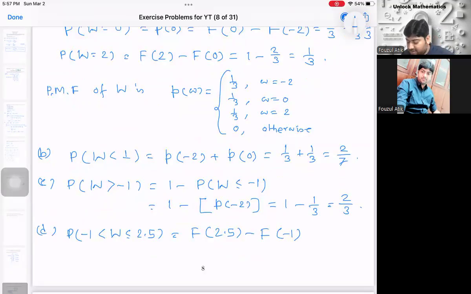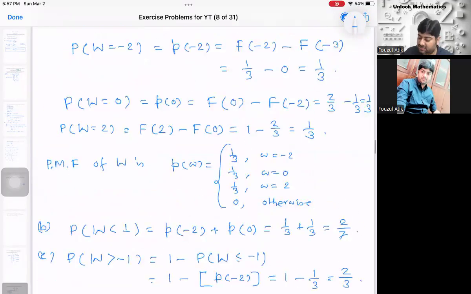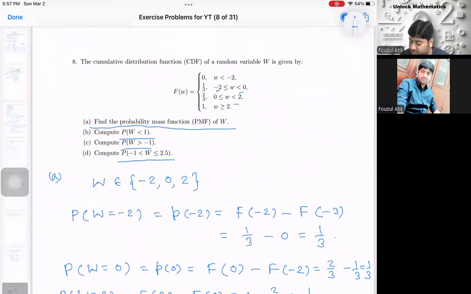Or you should take the values from -1 to 2.5. So both ways one can do. f of 2.5 means what? More than 2, so it is 1.